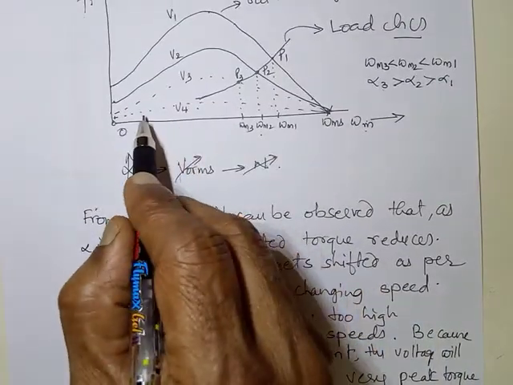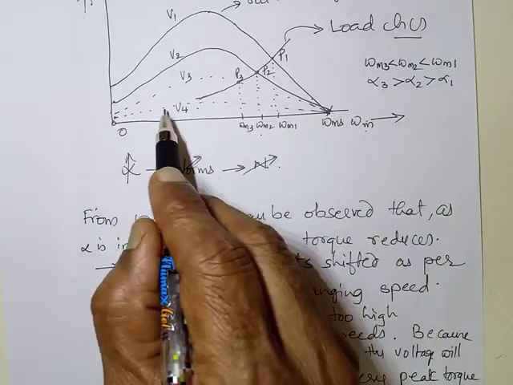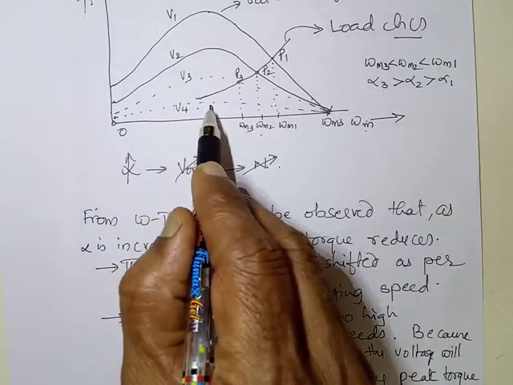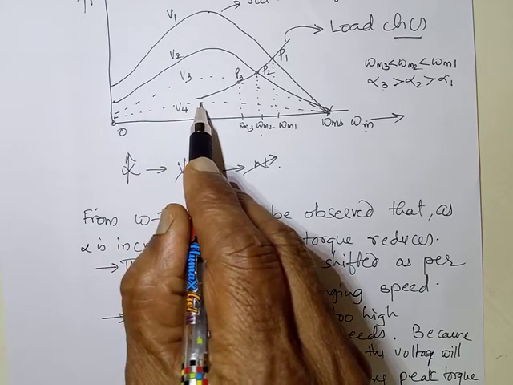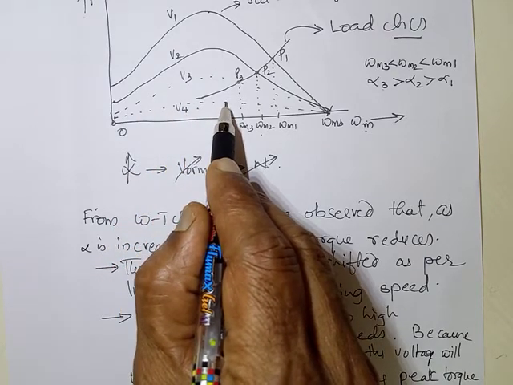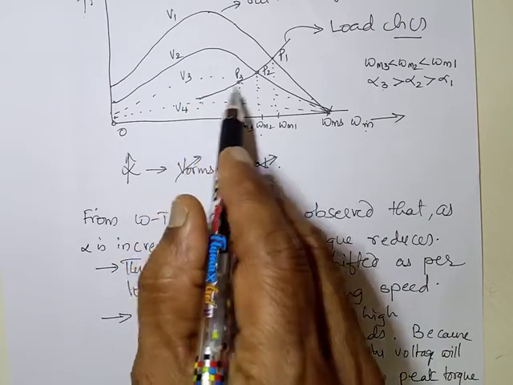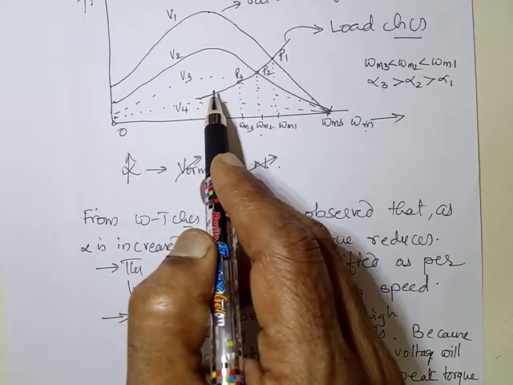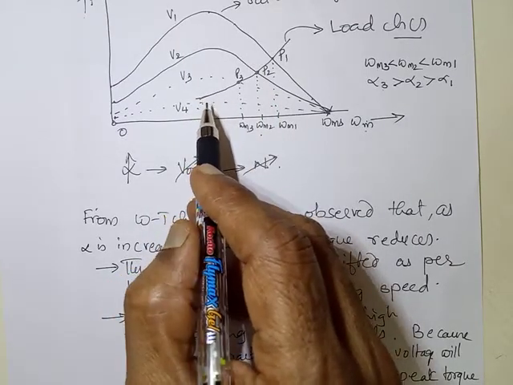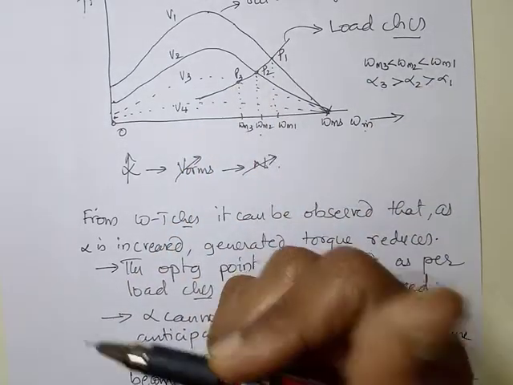Look at this. I have made alpha so high, alpha 4, making voltage V4 so less that even the maximum torque generated by the motor is lesser than the minimum torque expected by the load. What does that mean? The motor is not able to drive the load at all. The motor stops.